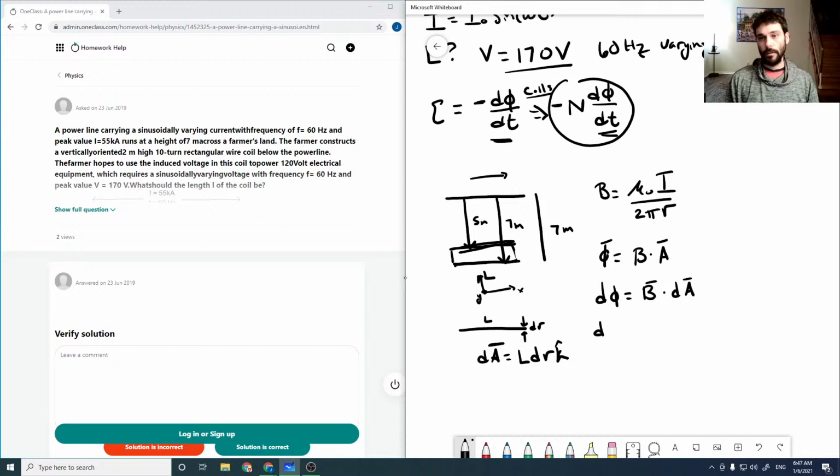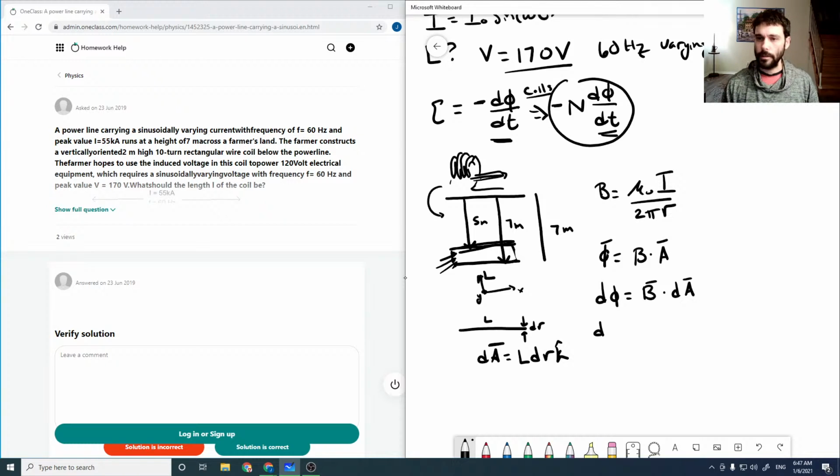So if I run my thumb along this direction, then my fingers coil in the direction of the field. So that means that the field is doing this, or approximately at the area they will be going into the page. So my B field is either minus K or plus K, depending on how the current is varying.